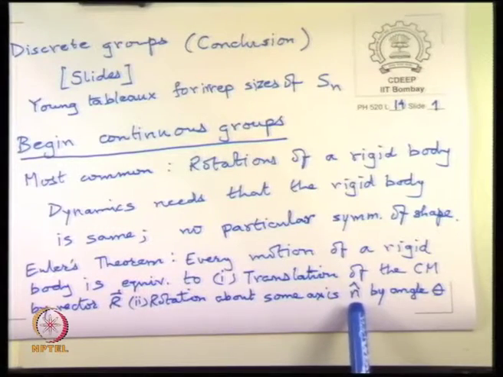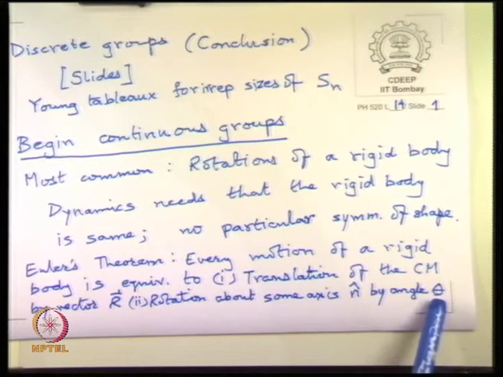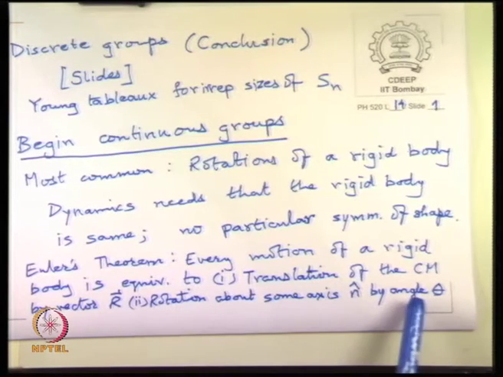That is why the theorem is interesting, and we can count the number of degrees of freedom in it, because the translation vector capital R has 3 components, and the n cap, the unit vector which designates the axis, has 2 independent components, and there is an angle theta. So, totally there are 6 degrees of freedom as we expect.